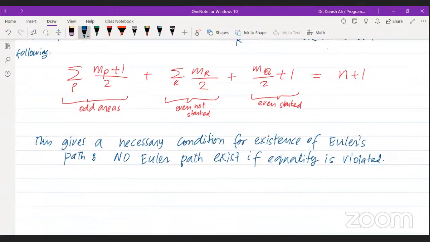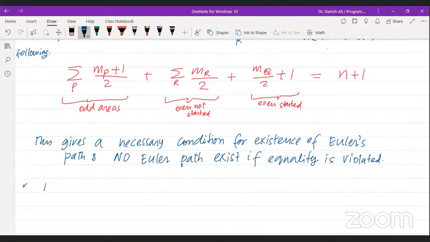Okay. So Euler gives two conditions. In his main theorem, he gives two conditions so that the path will be an Euler path. Let us look at these things a bit more closely. So we will get these two conditions.